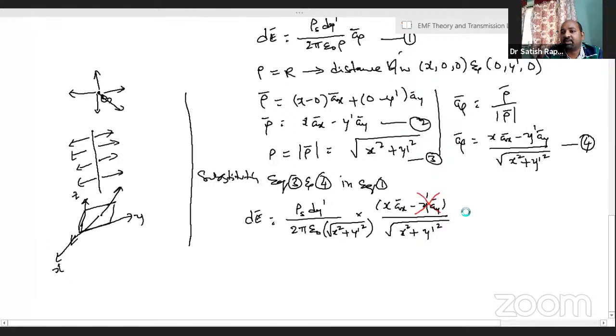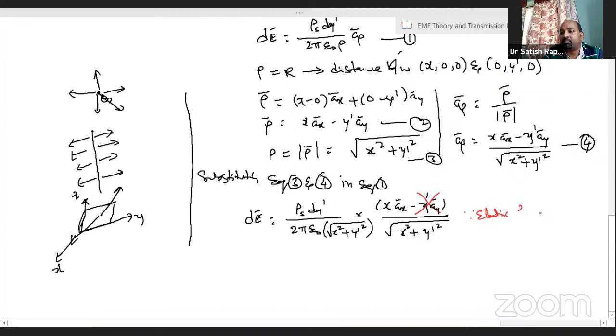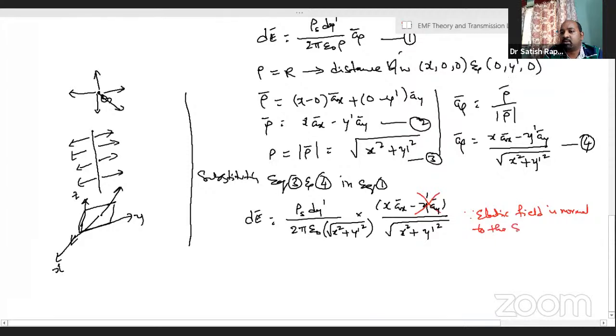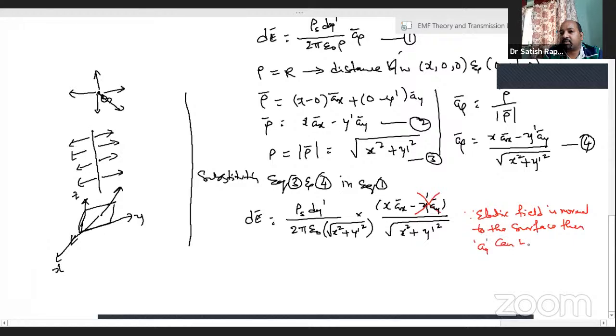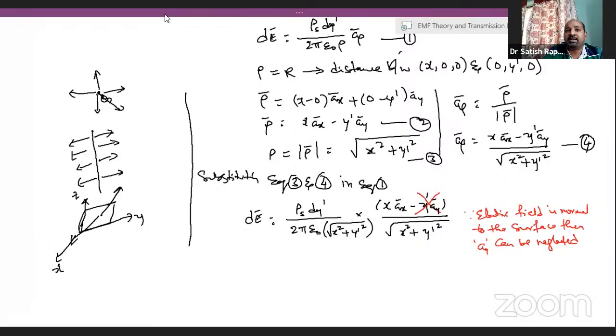Since the electric field is normal to the surface, then ay can be neglected. The electric field in the ay direction can be neglected, so neglecting the electric field in that direction.